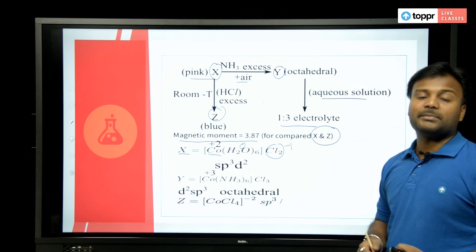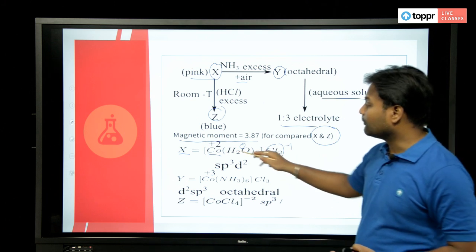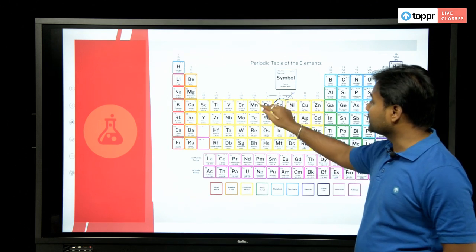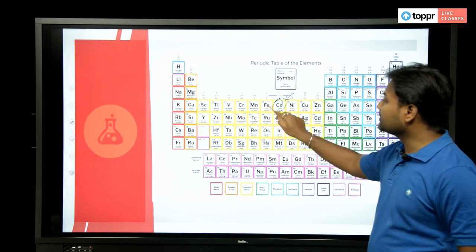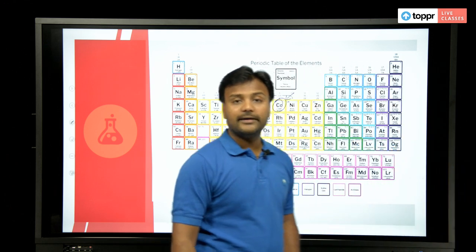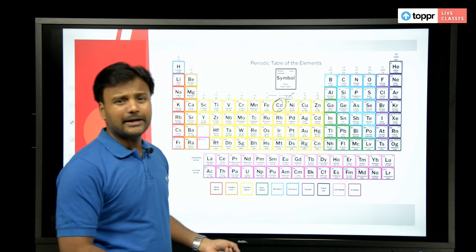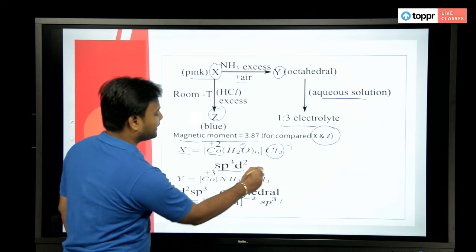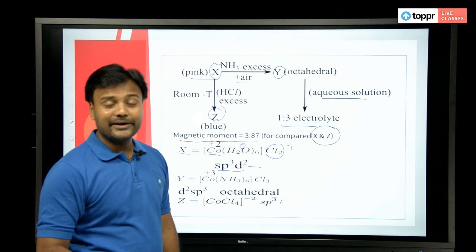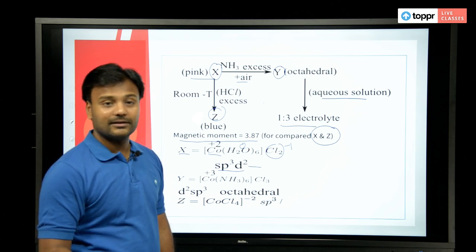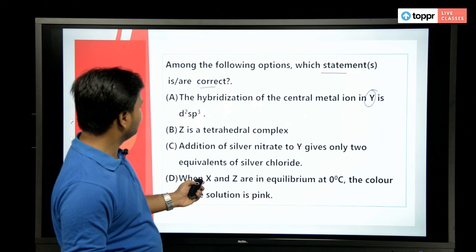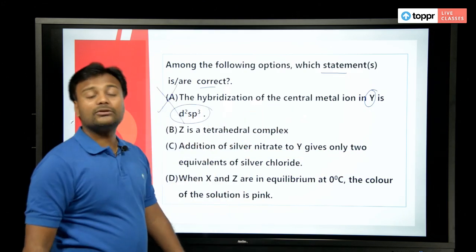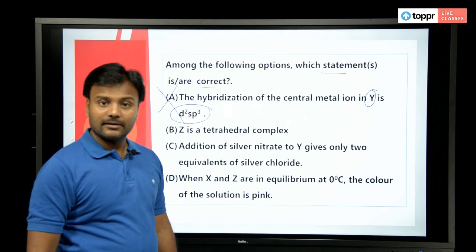With +2 you have 7 electrons in d, 1, 2, 3, 4, 5, 6, 7. It is going to have sp3d2 hybridization, got it. But what was given here? The hybridization of the central metal atom is d2sp3, so A is not an option for X. Is it clear to you?